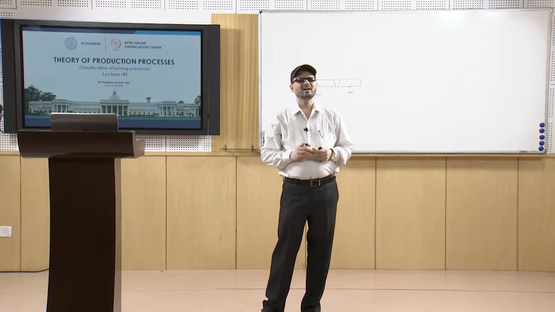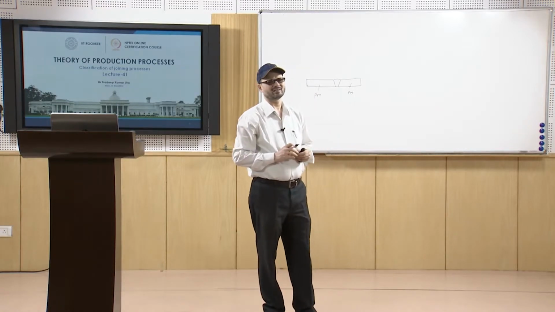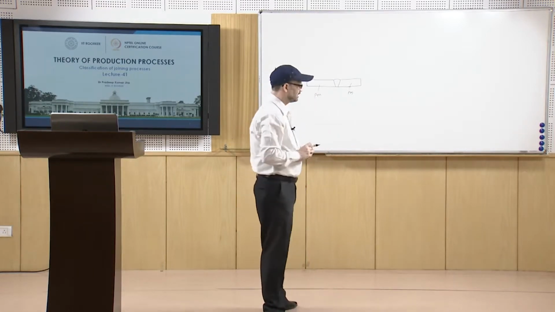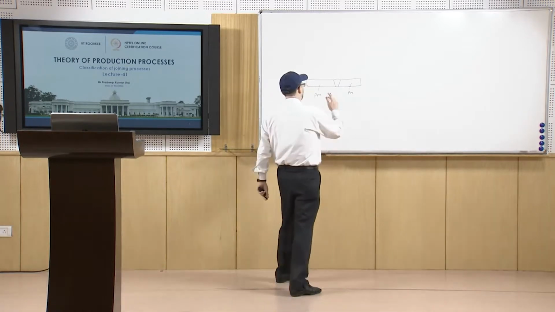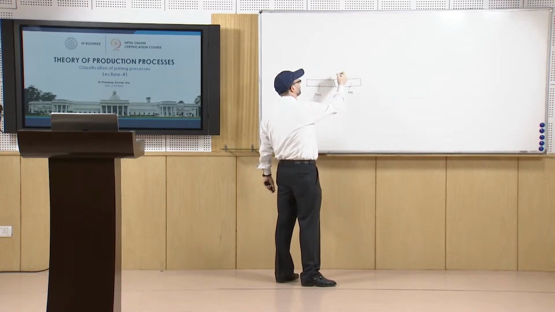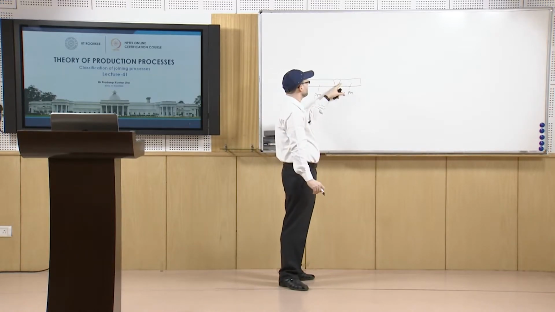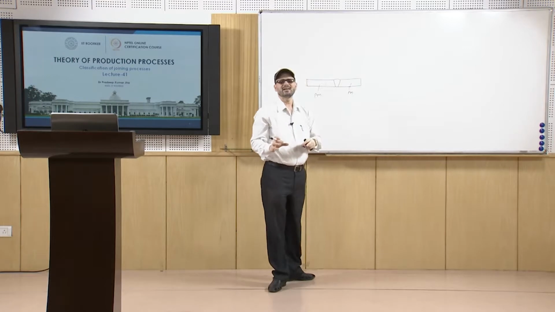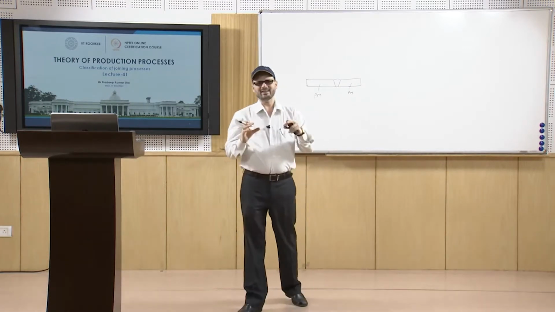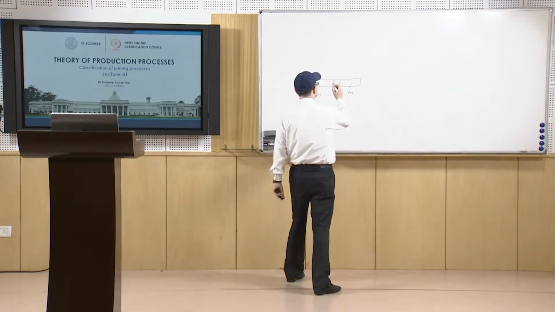The examples of this are normally arc, gas or thermit welding. In arc welding, you produce an arc and try to melt here. The parent material as well as the filler material will be melted and then they will form this weld pool.